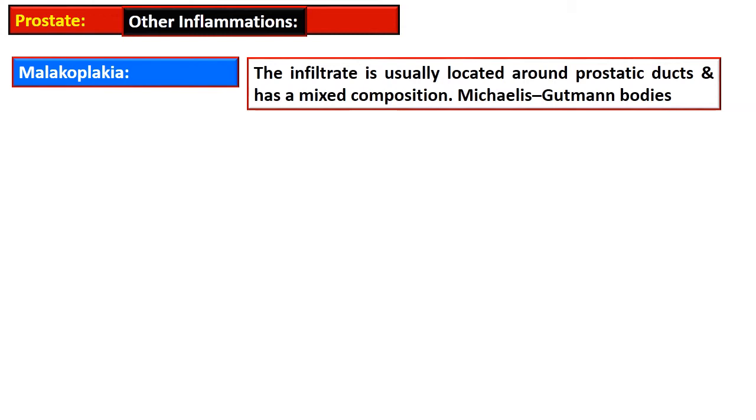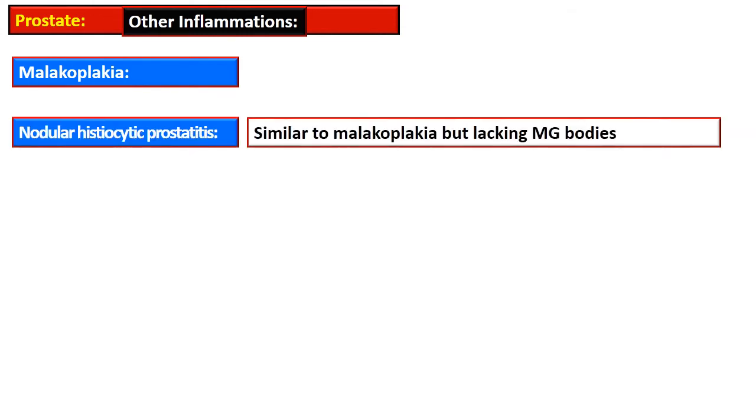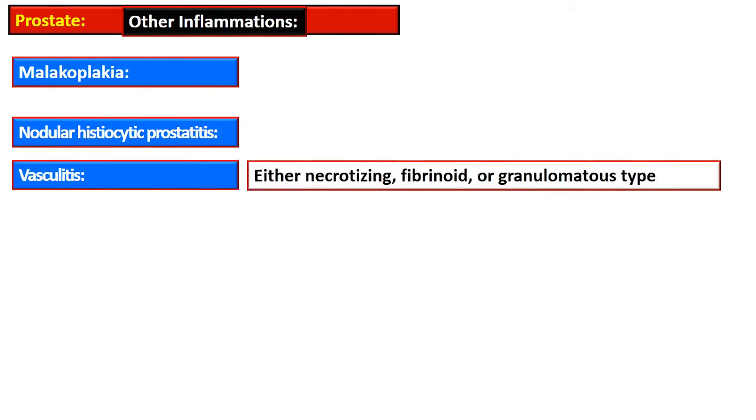the infiltrate that is located around prostatic duct, and it has a mixed composition, but it is histologically characterized by Michaelis-Gutmann bodies that are intracytoplasmic calcific inclusions with bullseye appearance. Then there is nodular histiocytic prostatitis that is similar to malakoplakia in morphology, but it is lacking Michaelis-Gutmann bodies.